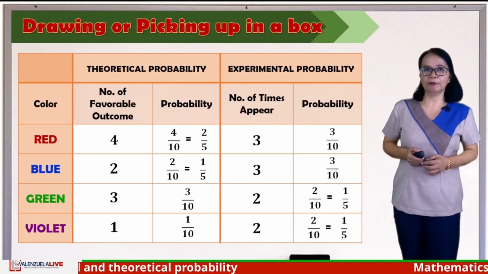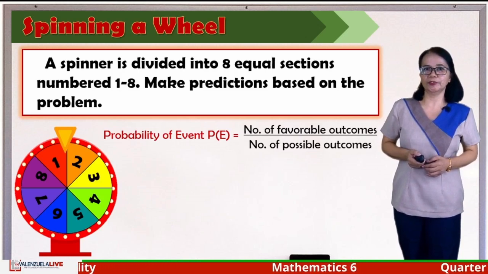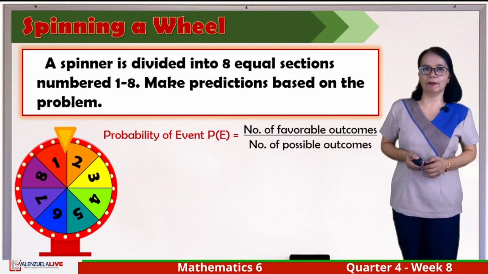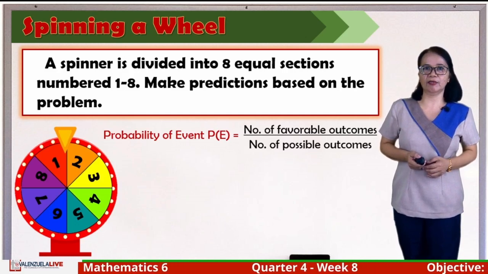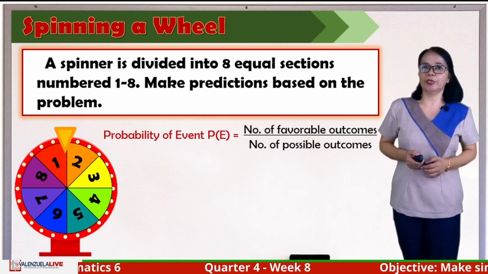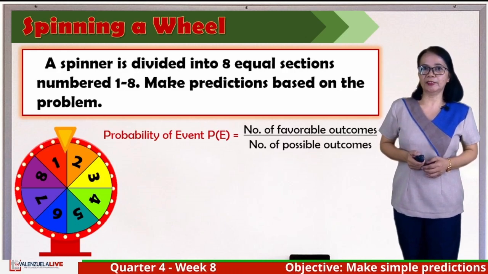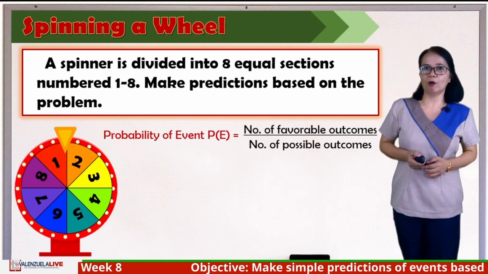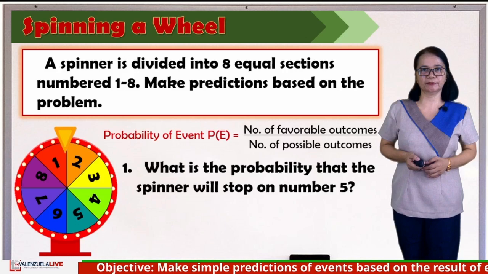Let's have another problem. A spinner is divided into 8 equal sections numbered 1 to 8. Make predictions based on the problem. Just keep in mind that in finding the theoretical probability, we can use this formula: probability of an event is equal to number of favorable outcomes over number of possible outcomes.